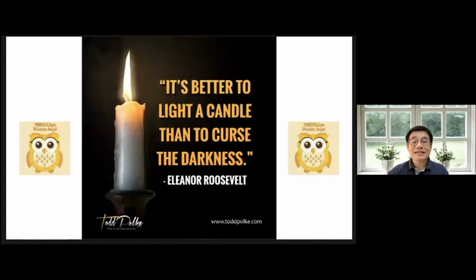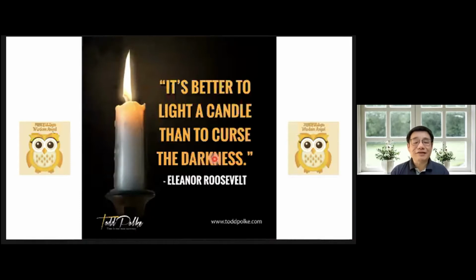In the process of talking to somebody, it's important for us to focus on solution. There's a very nice quote here to remind us of that. The quote says, it's better to light a candle than to curse the darkness. So we've got to focus on solution.